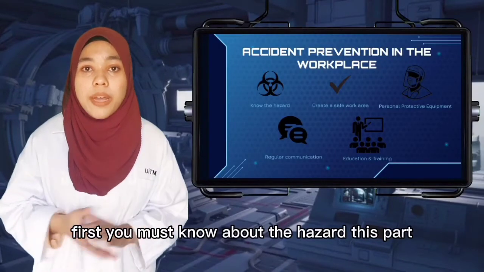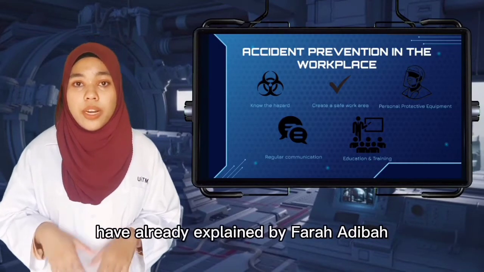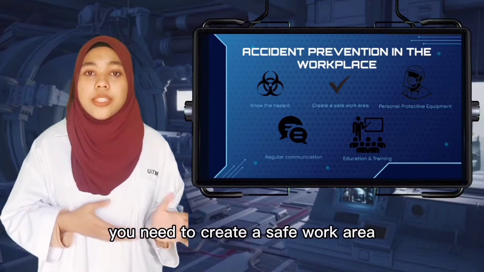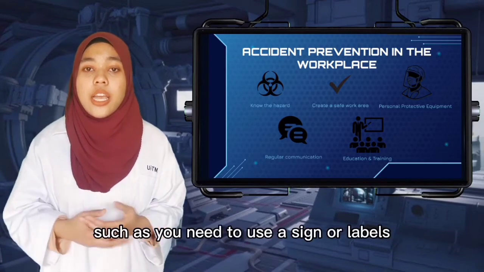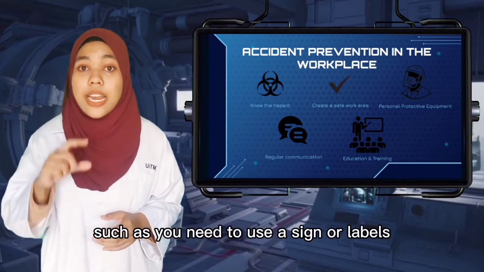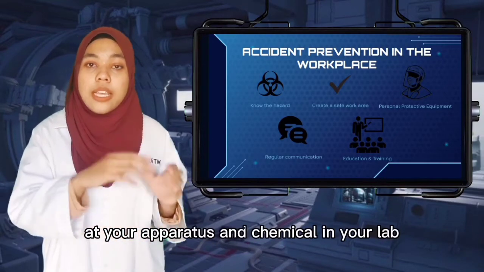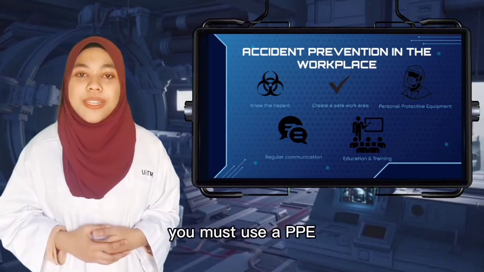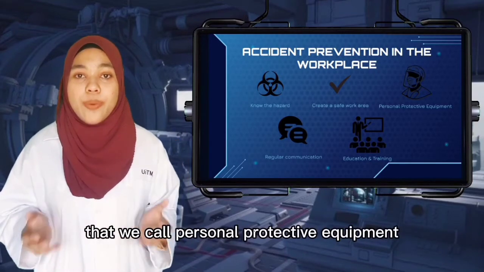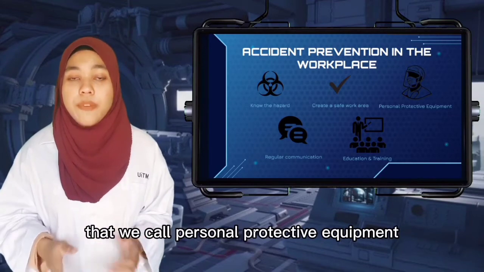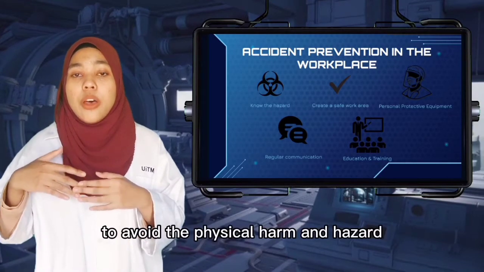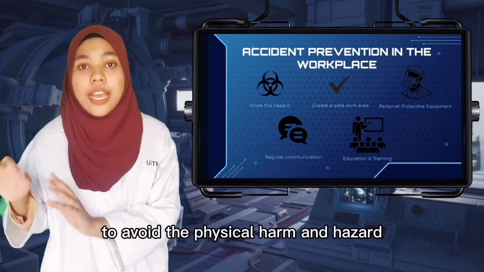First, you must know about the hazards, as already explained by Farah Adiba. Second, you need to create a safe work area, such as using signs or labels on your apparatus and chemicals in your lab for organization. Third, you must use PPE, personal protective equipment, such as eye protection, to avoid physical harm and hazards.